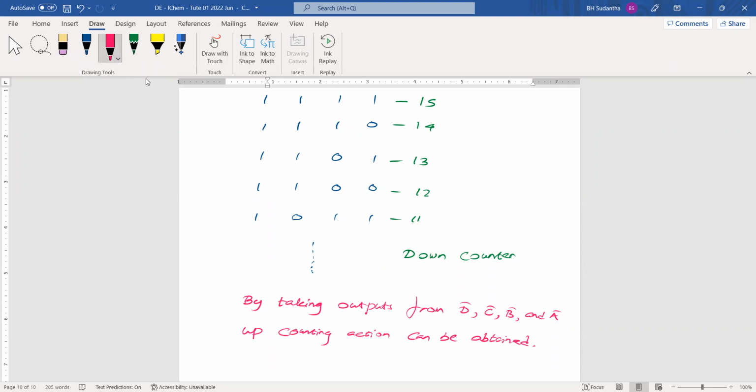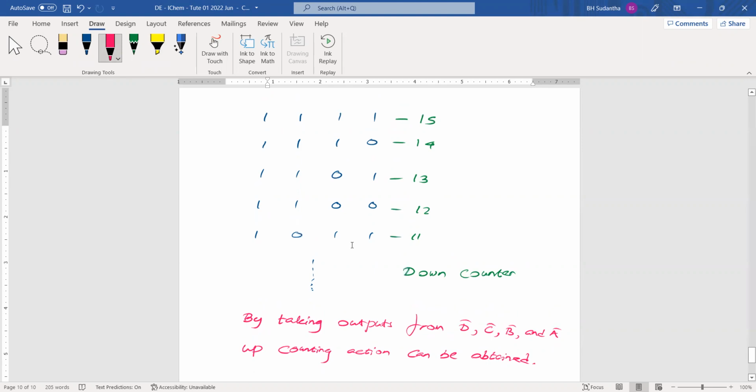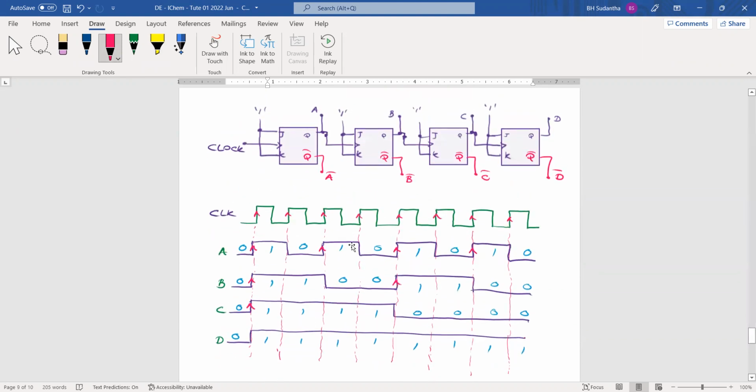Then we have to take outputs from D bar, C bar, B bar, A bar. Then the up counter will be there.